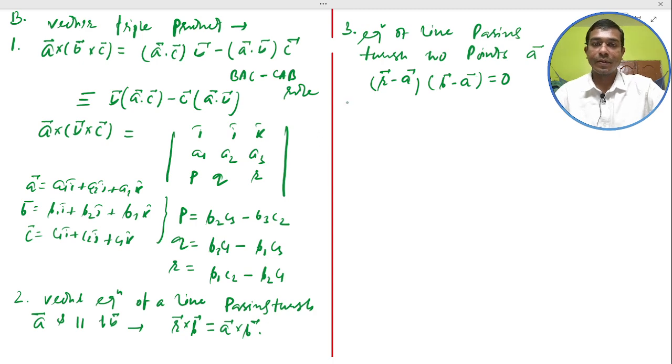Next, number 4. Equation of line passing through A and perpendicular to non-parallel vectors C and B. Very important.